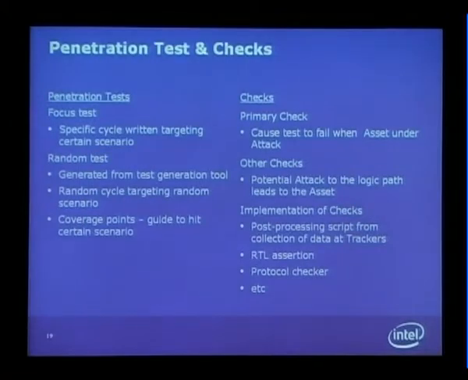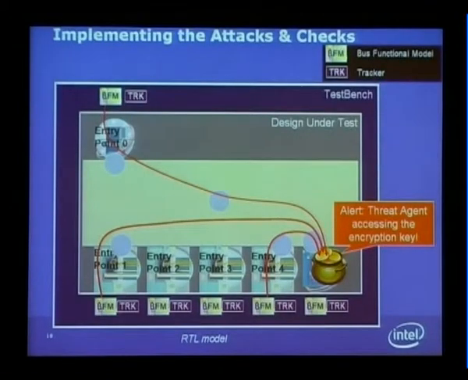And for random tests, you can use a test generator to generate the test. However, that does not guarantee that it does this type of testing for you. You can generate many tests, but you may not target your asset, or you may not even issue it from the attack agent.